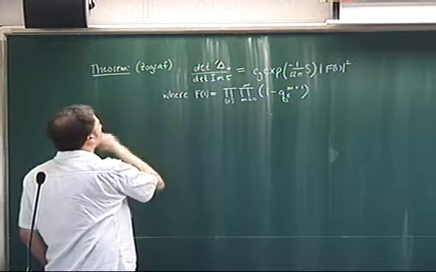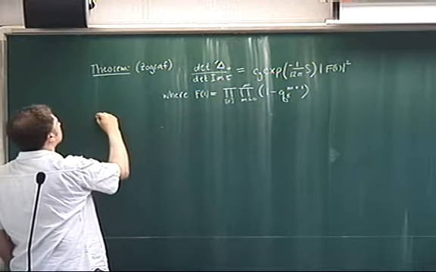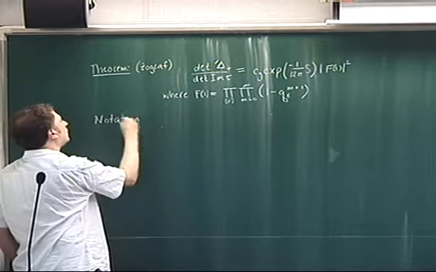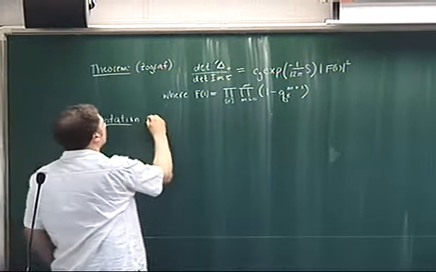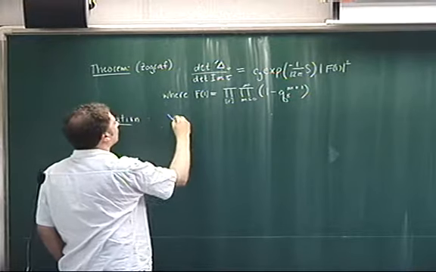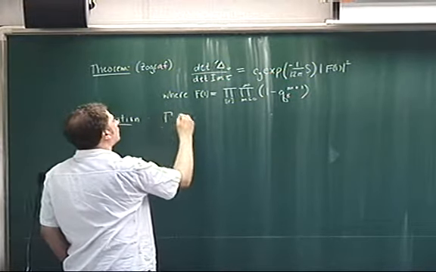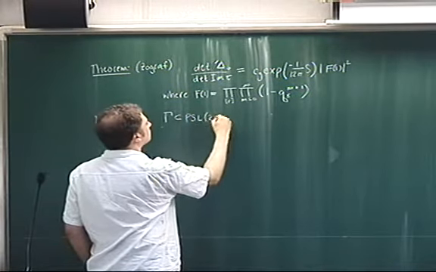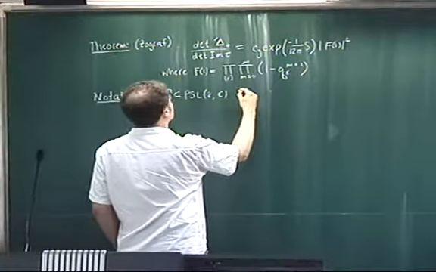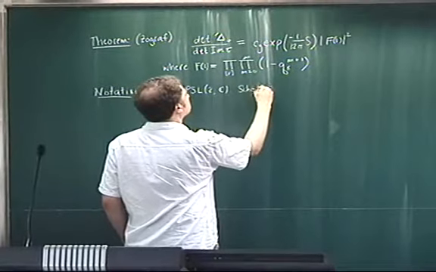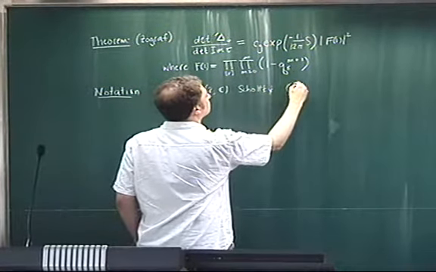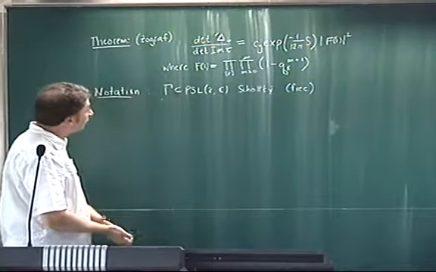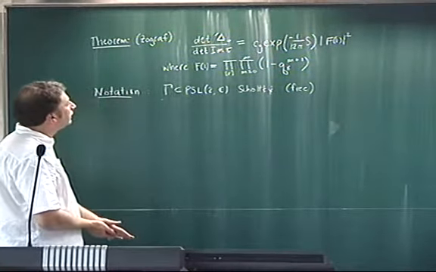So being a Schottky group is essentially equivalent to being free.